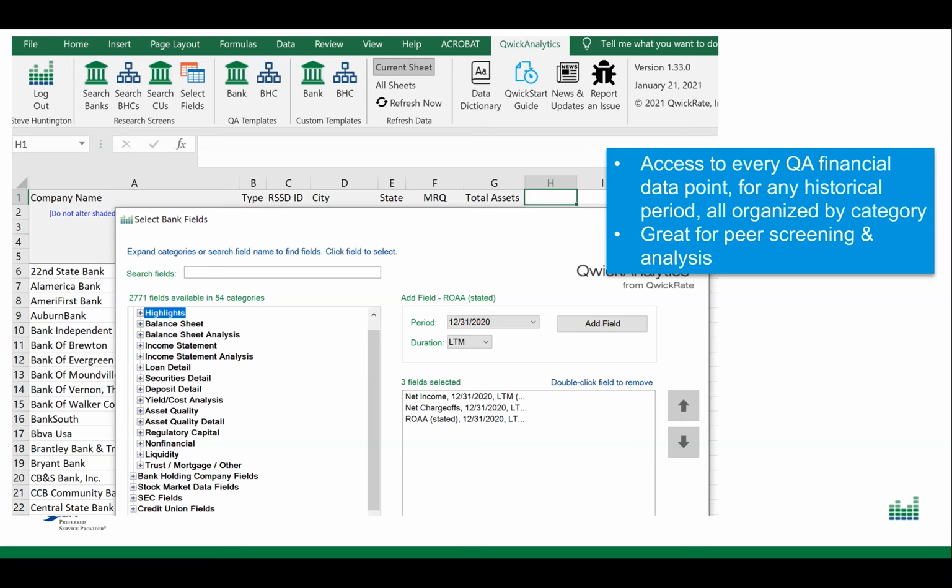Like, let's say we have a liquidity tool and we'd like to give you the option to add some liquidity type metrics that aren't ones we can get from call report data. We might build a tool directly in the Excel environment in the future, which we're already working on, by the way. And then have this be the way you get certain analyses directly in Excel that don't lend themselves to just logging in online and changing only the spots that we allow you to change, and so on and so forth.